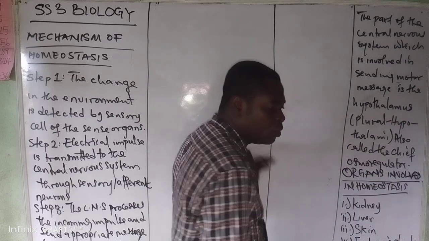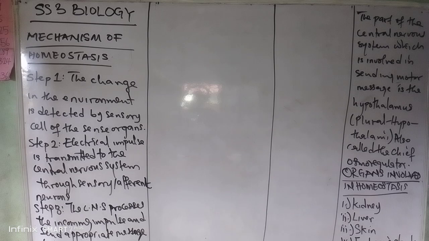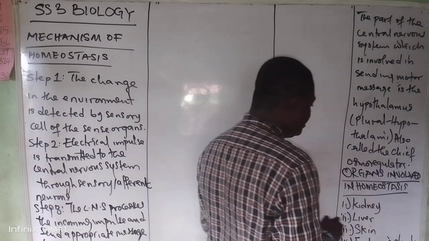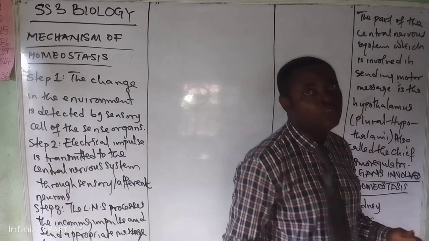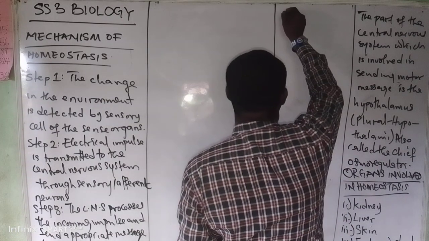So these are the organs that are involved in homeostasis. Today, we are going to look at this in multicellular organisms. We said in unicellular organisms we have the contractile vacuole. That's an organelle.